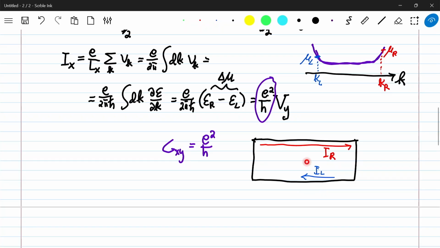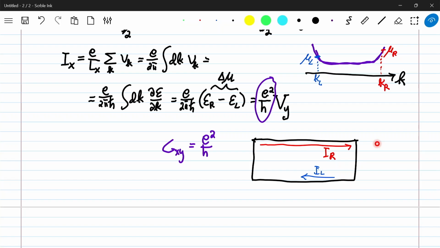As long as there's no tunneling across the sample, there's no way to get from here to here, then there is no backscattering. So if you send an electron through the electrode going to the right, it cannot go back. And because there's no backscattering, there's no dissipation and there is no resistance.